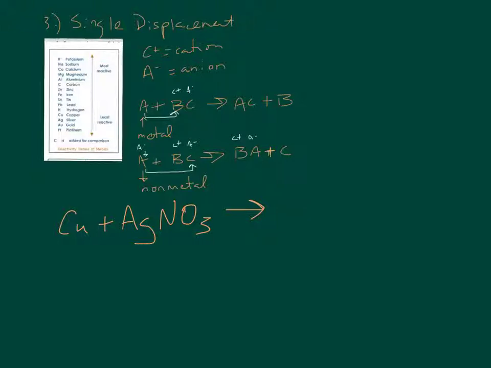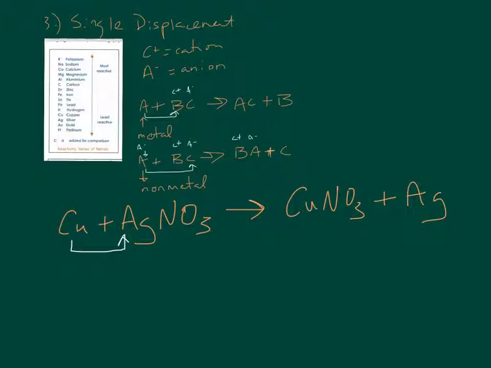First thing we have to do is look at copper. We know that is a metal, so that means it's going to be the cation in the new compound. So copper is going to have to replace silver. So what we end up with is copper nitrate plus silver. See? That's pretty easy, right?